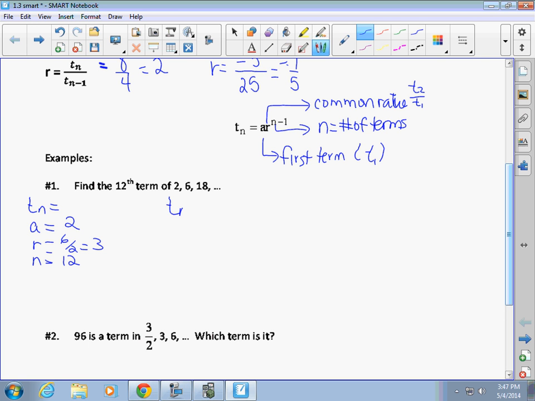So you write out your formula. My 12th term is equal to 2 times 3 to the power of 12 minus 1. This is where people make mistakes. My power of 12 minus 1 is only being applied to my 3. A lot of times what people will do is they'll multiply first.